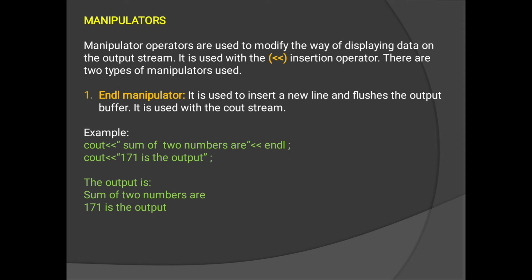So using endl, it moves the cursor to the next line, and there is some distinction between that string and the other string printed out by the cout statements. Just keep in mind that this is the same as using the slash n escape sequence character.